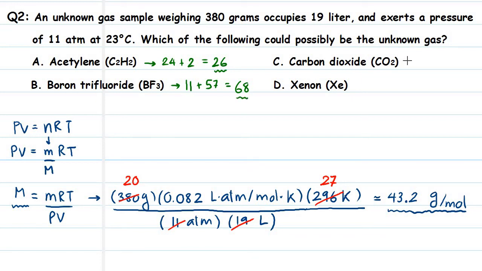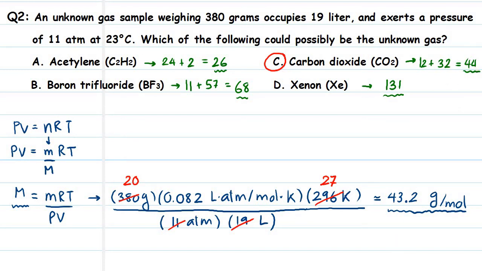And then carbon dioxide, that should be 12 plus 32, going to give us 44. And then xenon is 131. Alright, so the one that is closest to 43.2 gram per mole is carbon dioxide. The answer is C, which gives us 44 gram per mole.